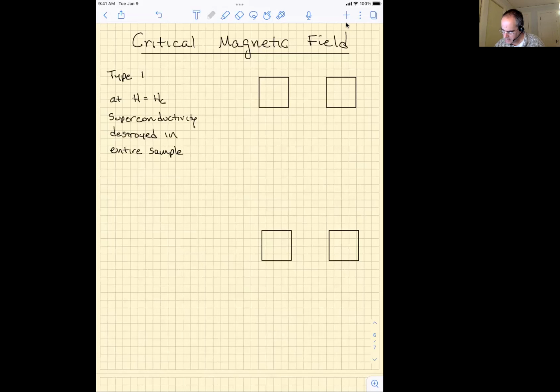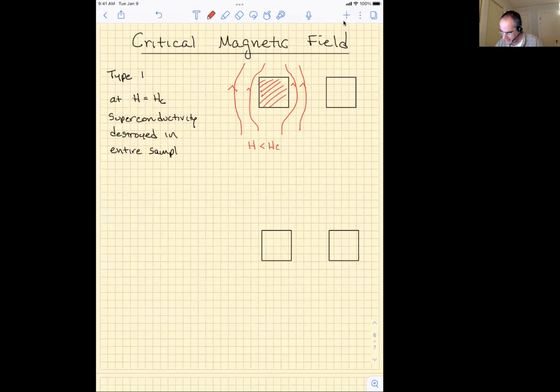Okay, so we can imagine that for fields below the critical field, because of the Meissner effect, there's no magnetic flux inside of the sample.